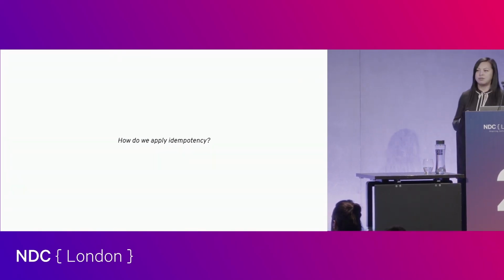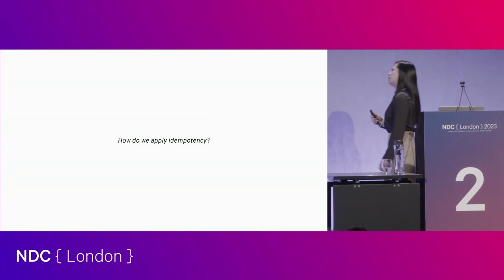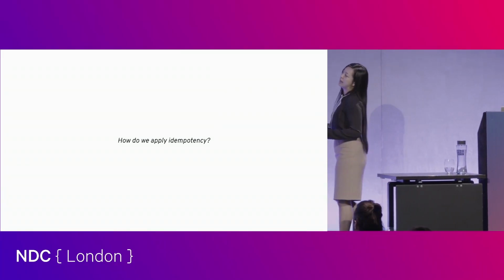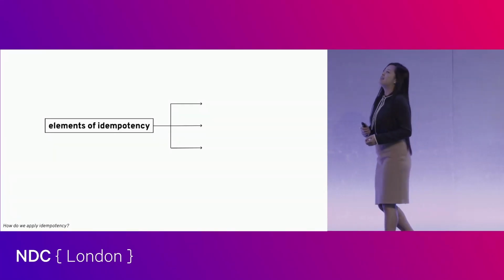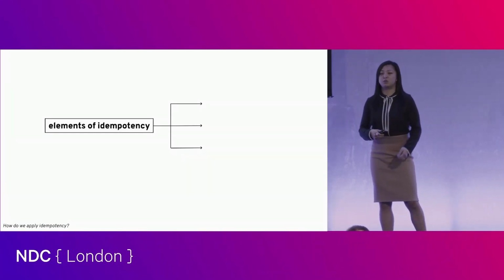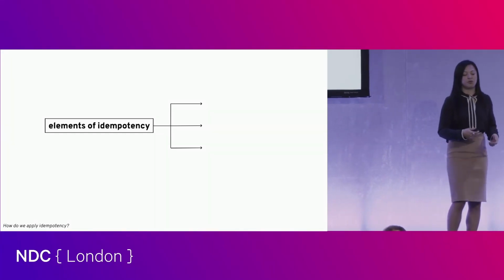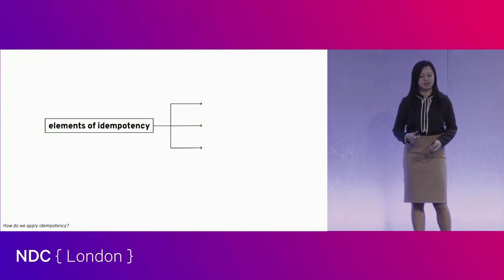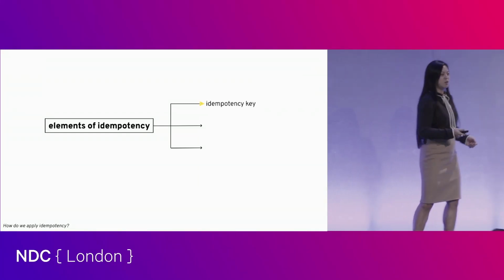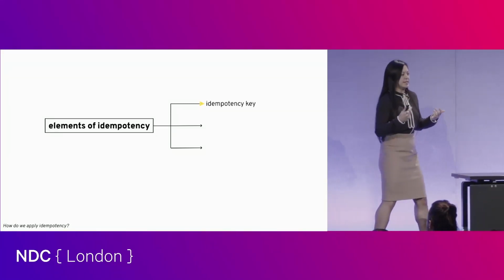So then how do we apply idempotency, Adrienne? Even though I really want 2 cakes, how do we apply idempotency so that this doesn't happen? Well, there are a few elements of idempotency that need to be part of your requests or part of your system so that it can understand the intent. So the first thing that you need is some sort of idempotency key.